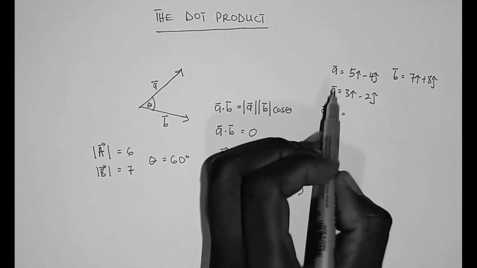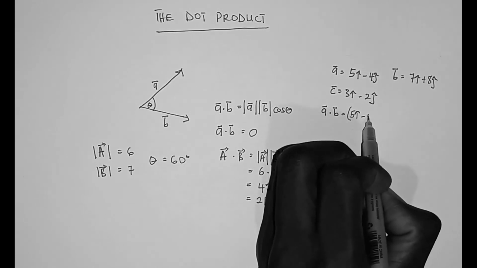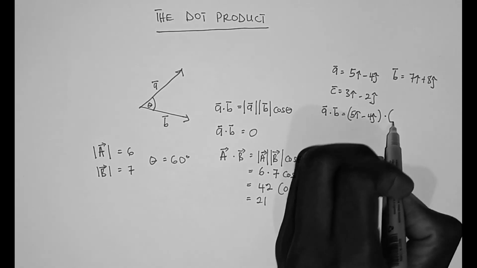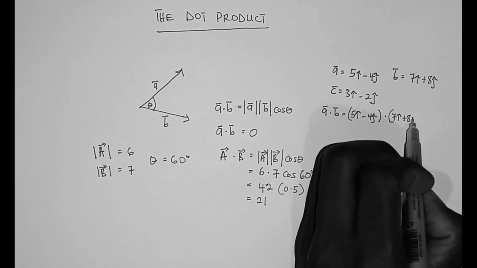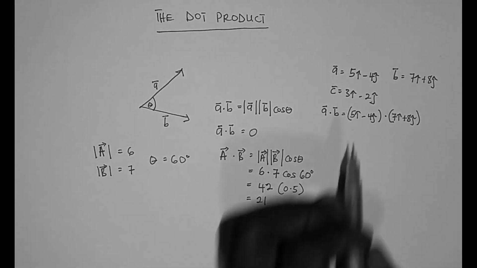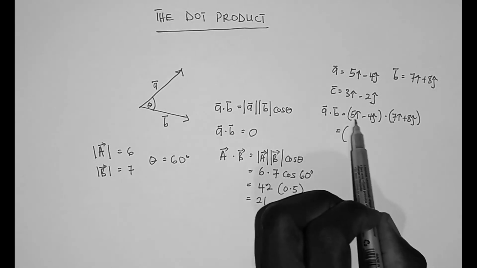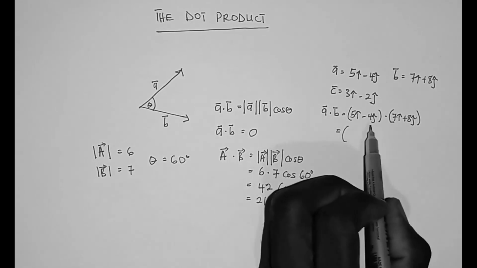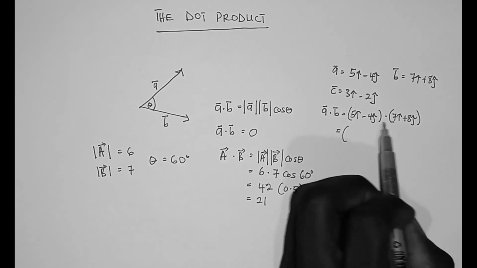So how do you do A dot B? This is equal to A is 5i minus 4j, then dot B is 7i plus 8j. So this is equal to, what you do is that you will multiply the correspondence. So there's i here and there's i here. So you multiply the coefficients of the unit vector i.